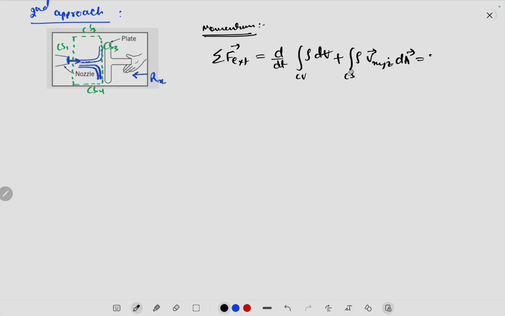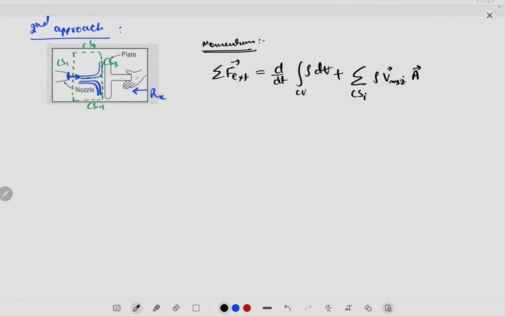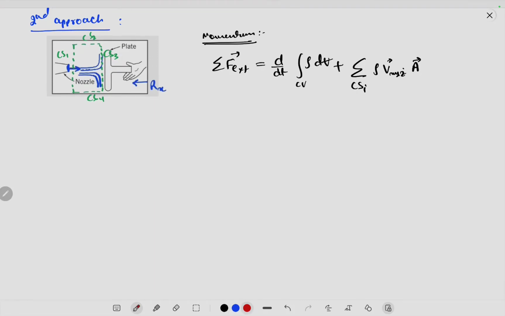So this was actually the summation over CS1 of rho Vxyz dot A vector. I'm not writing CS1, but it should be clear to you that this is over CS1 only. This was our equation, and for steady flows this term would be 0.